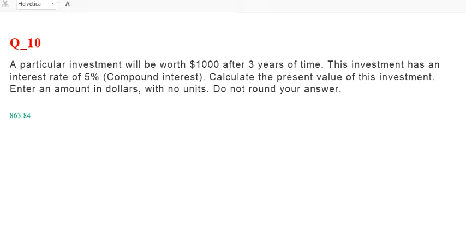Question 10. A particular investment will be worth $1,000 after 3 years. This investment has an interest rate of 5% compounded interest. Calculate the present value of this investment.